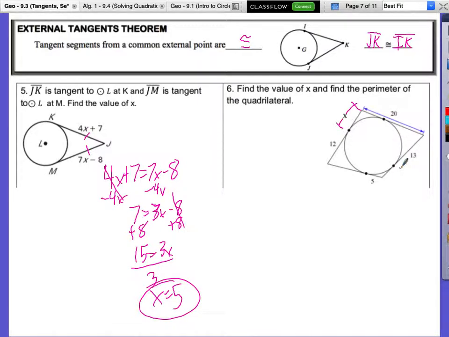So x will equal 6, right? Yes. 12 minus... 20. No, 8. Can you just tell us how to do it?